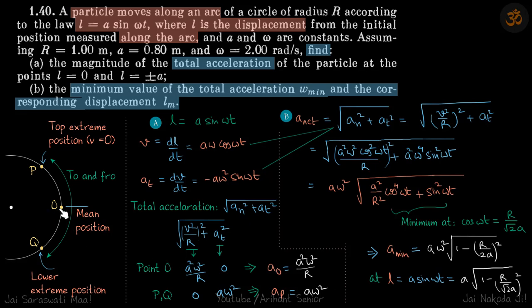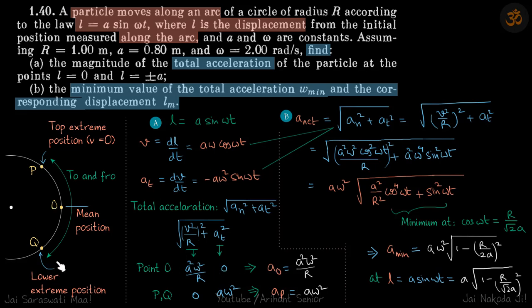At the mean position, because they are asking at L is equal to 0 and L is equal to plus minus A, so at t is equal to 0, v is A omega. So v square by r will be A square omega square by r. And at t is equal to 0, what will be a_t? This term becomes 0, so a_t is 0.